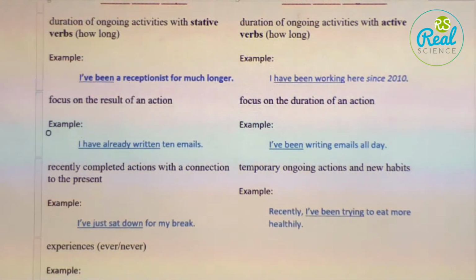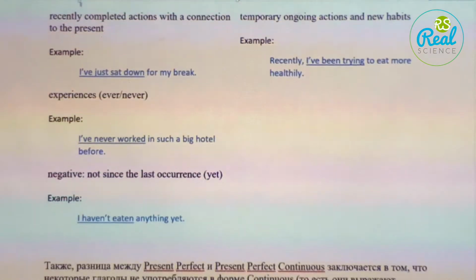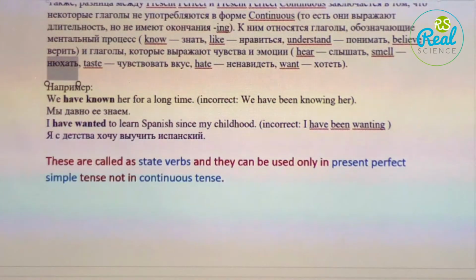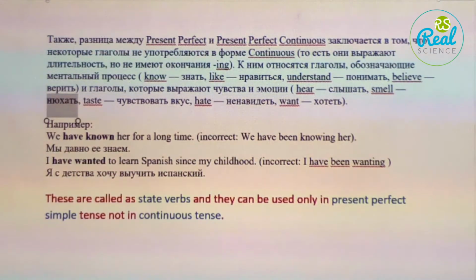Yes. Nice. So can I move on? Yes. Nice. Okay, good. Let's move on. So as we talked, here are some stative verbs, guys. You can see. So you cannot say I have been knowing my friend. You always should say I have known my friend. Yeah.